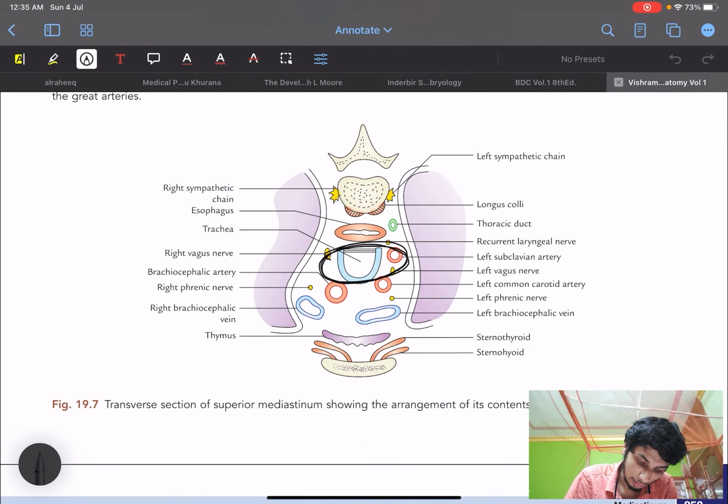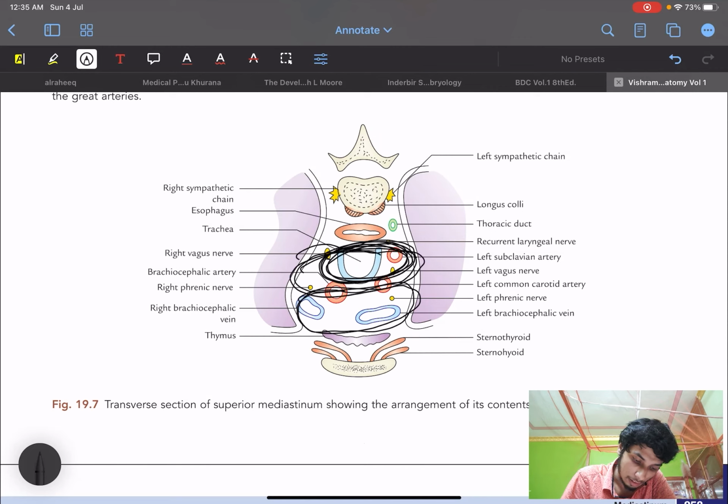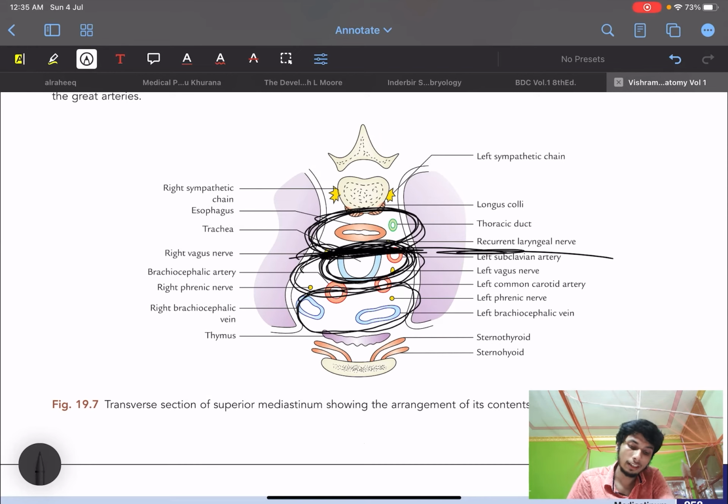See the trachea. The tracheal bifurcation happens at T5 level, and this part is anterior mediastinum, this part is middle mediastinum, and this part is posterior mediastinum. So the trachea lies at the junction of middle and posterior mediastinum.